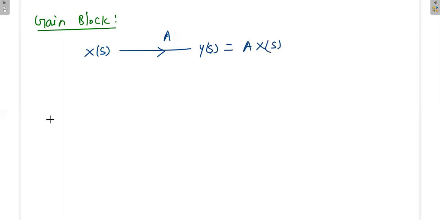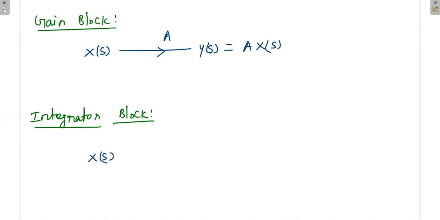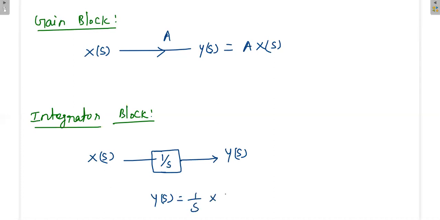The next block is the integrator block. In general, the integrator block is represented by 1/s. Suppose X(s) is there and we use an integrator block, then the output is Y(s), which equals 1/s multiplied by X(s).